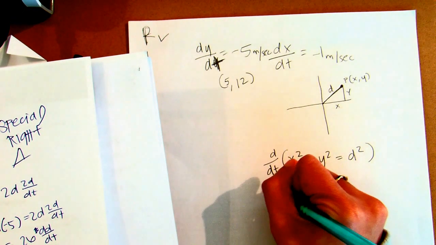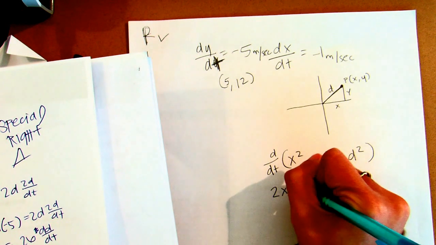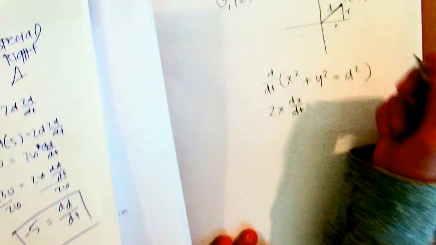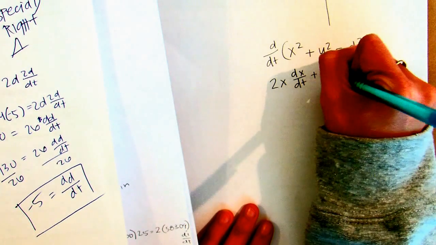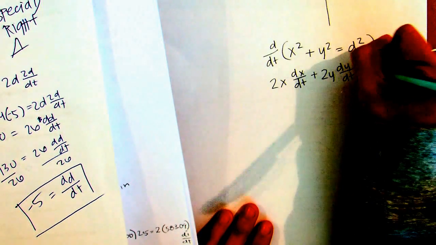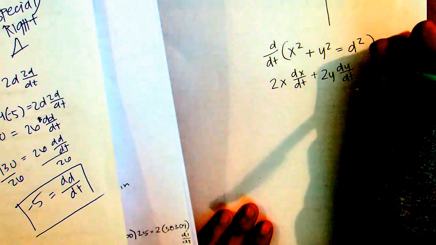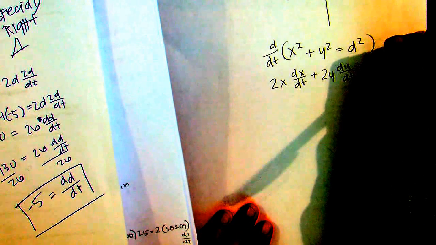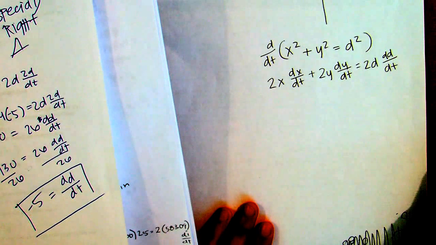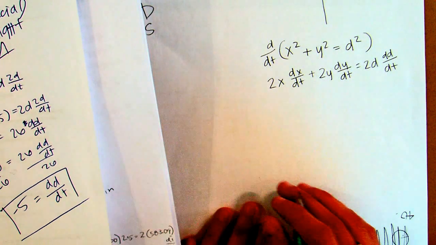So now it is 2x dx over dt plus 2y dy over dt equals 2d dd over dt. And now we could plug in our givens.